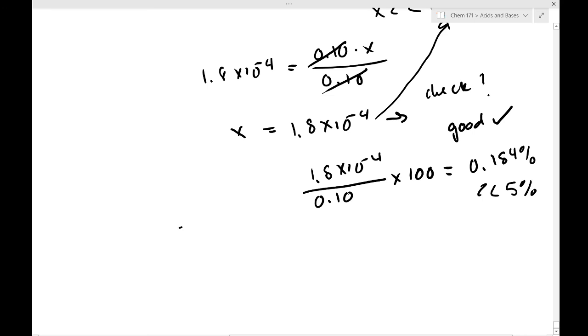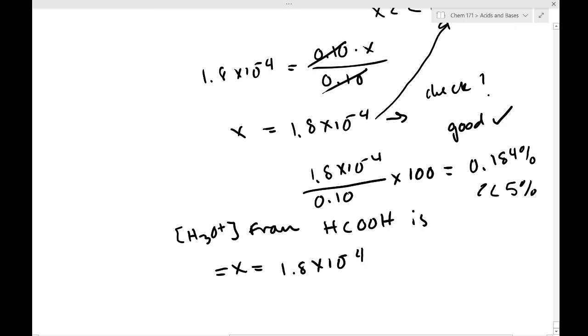And the amount of H3O plus from formic acid, HCOOH, is equal to x, which is 1.8 times 10 to the minus 4 molar.